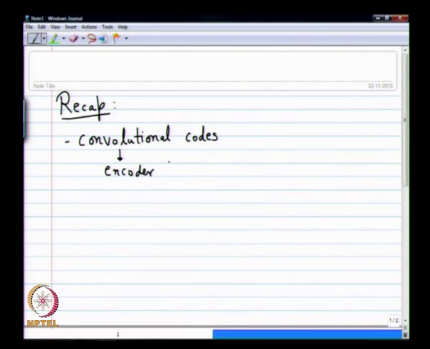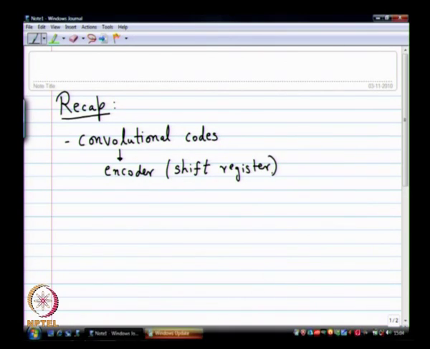The encoder is nothing but a shift register, right? A shift register based encoder. I gave you a very simple example. I showed how you can clock bits in and then clock bits out. You get a shift register as the encoder, and then there are various representations for the encoder.